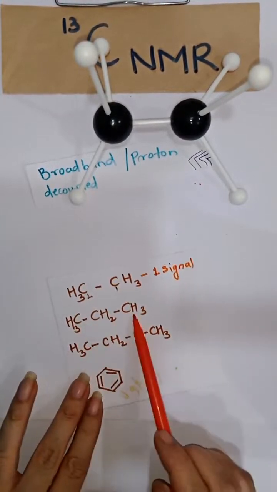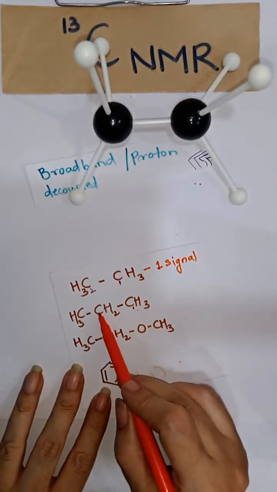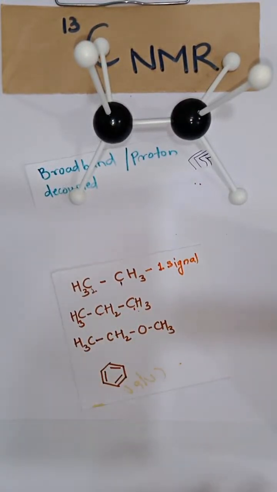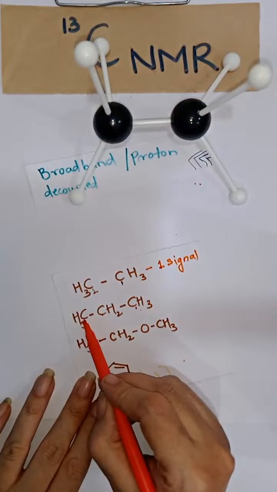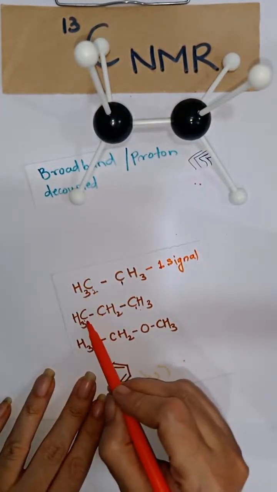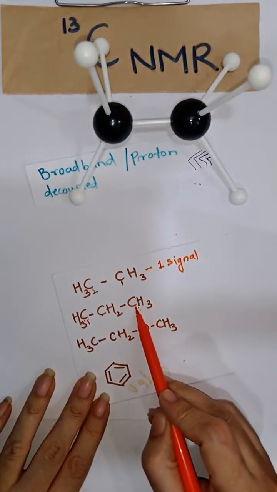Now let us see the second example. Here we have CH3, CH2, CH3. This CH3 is the same as this one, so this and this will give only one signal.